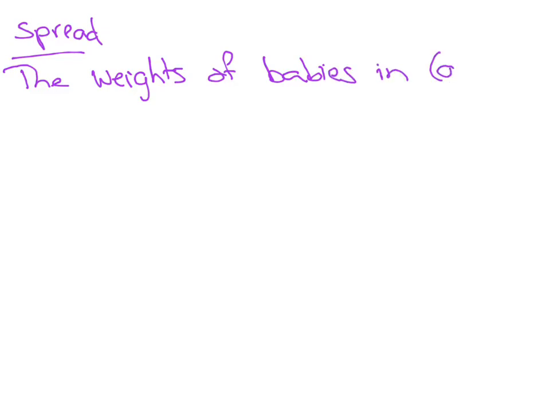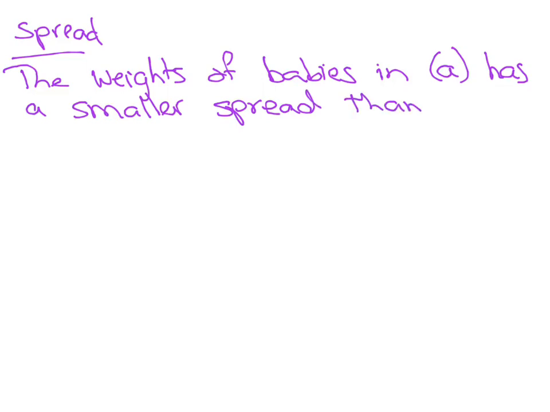So we want to say, no, I shouldn't say the data, the weights of babies, do it in context: the weight of babies in part A has a smaller spread than the weights from our sample.